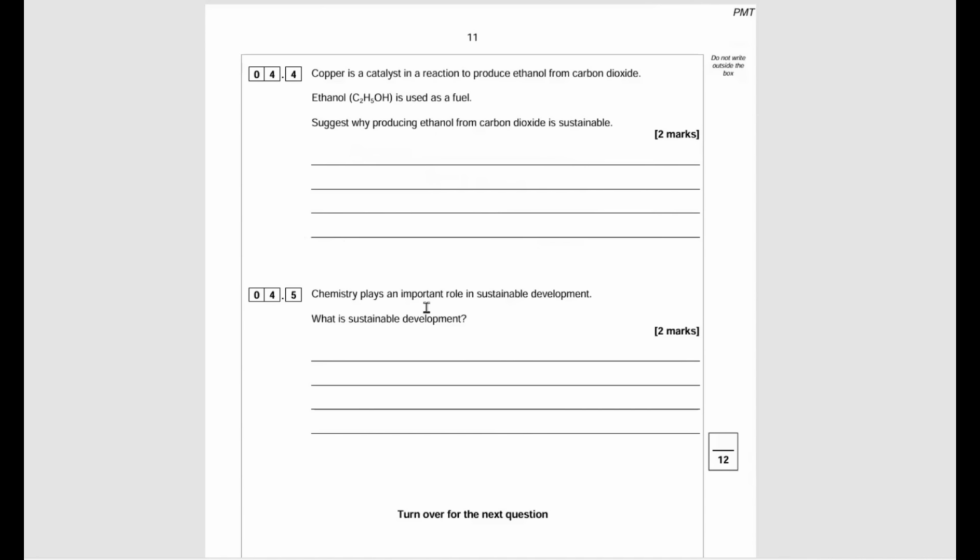Okay, chemistry plays an important role in sustainable development. What is sustainable development? It is ensuring that future generations have access to resources. It is us using technology without using up all the crude oil, so that our children and grandchildren will be able to drive cars, use electricity and smartphones.